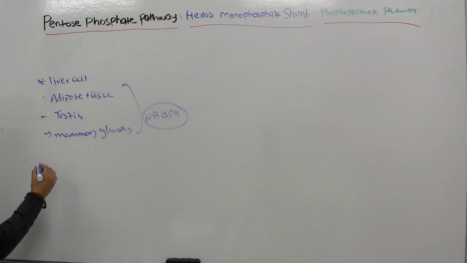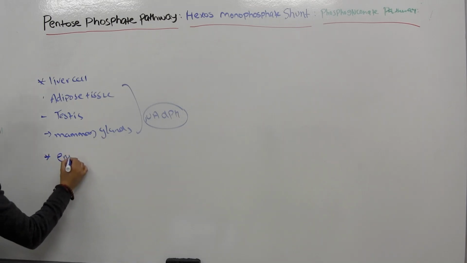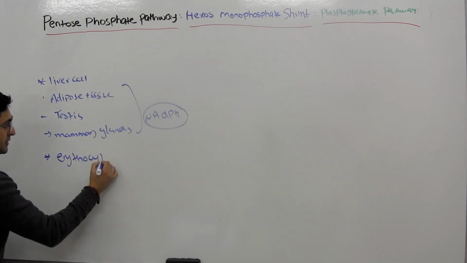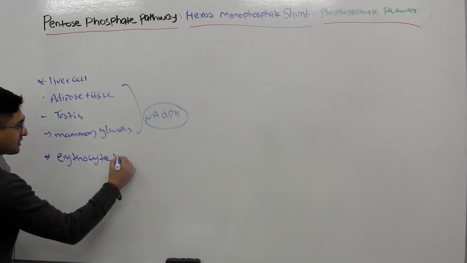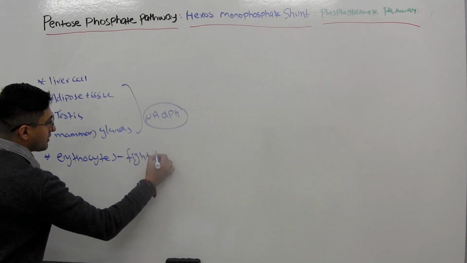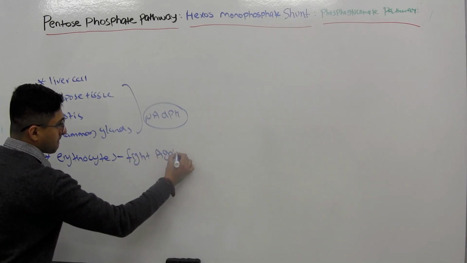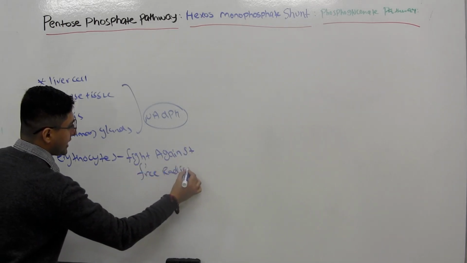And also, one more thing you have to know is we use a lot of this NADPH in erythrocytes too, and we'll talk about why we use it there, to fight against free radicals. That's very, very important. Like fighting against free radicals. And we'll talk about what that means as we go.